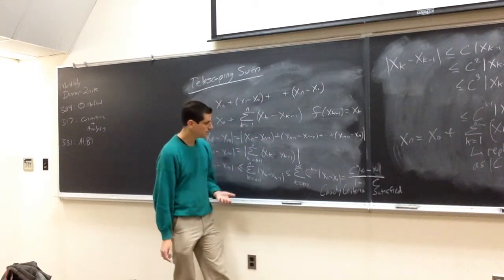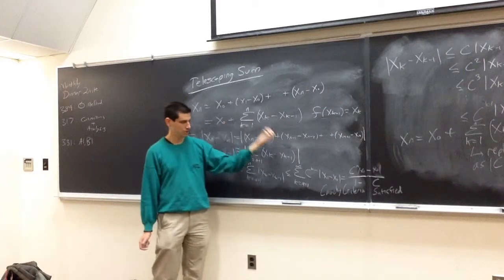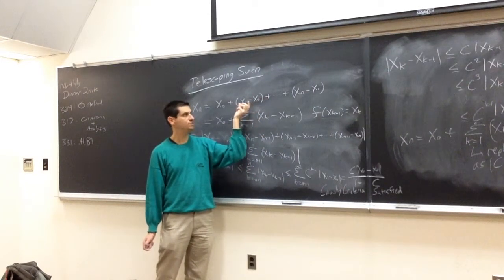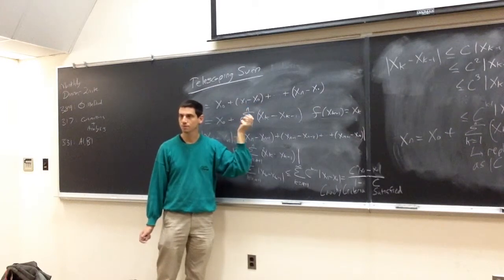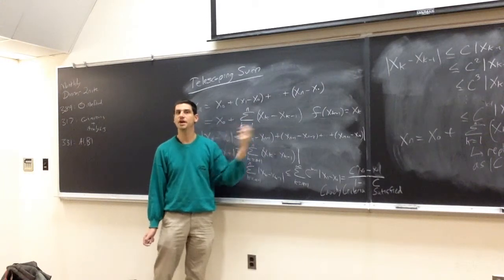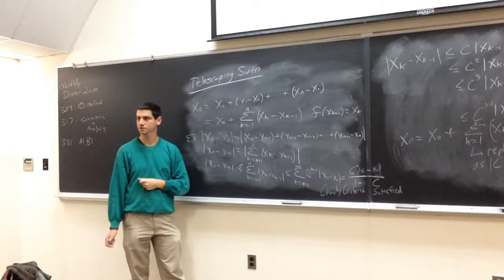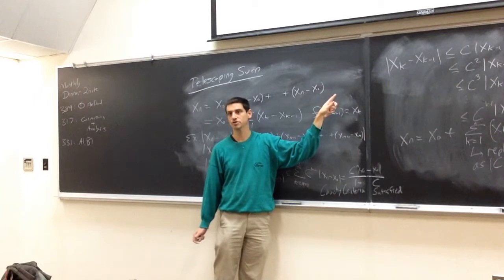Okay? This gives us a proof that if we have a contraction map, or more generally, if we have a sequence where the difference between adjacent terms is going to 0 exponentially fast, then this sum converges. Then the original sequence x_n converges. And in fact, here is a way to calculate what it converges to.